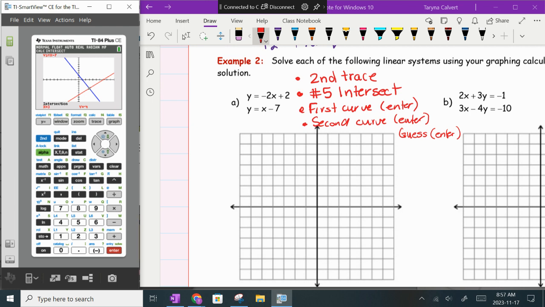And enter. So guys, if you got that, do the next one. So the next one you have to rearrange your equations. So rearrange your equations for y and I'll be ready.